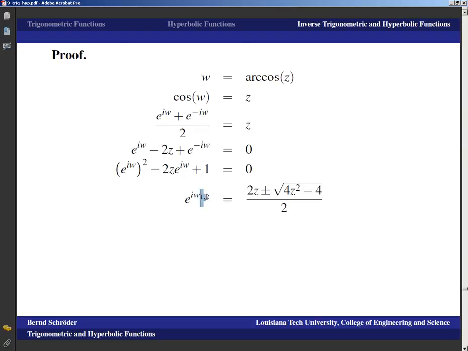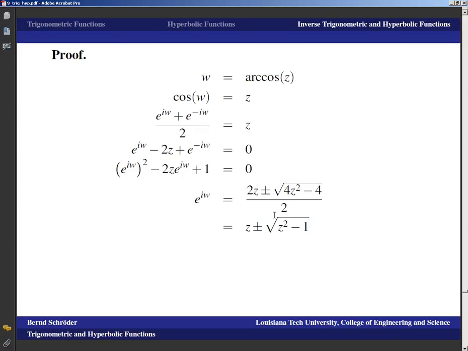Well, it's actually not just 1, 2, because now the square root function is multi-valued. So let me fix that real quick. And we're back. So it's e to the iw being this expression, where the square root symbol already tells us that there are multiple values here.